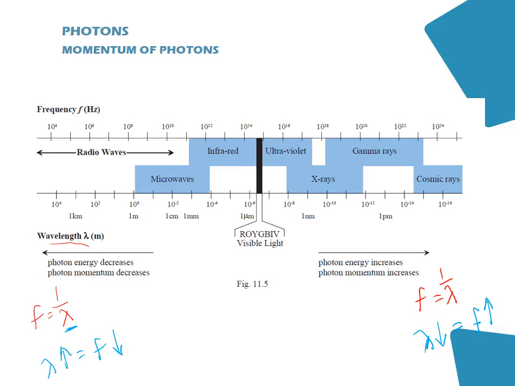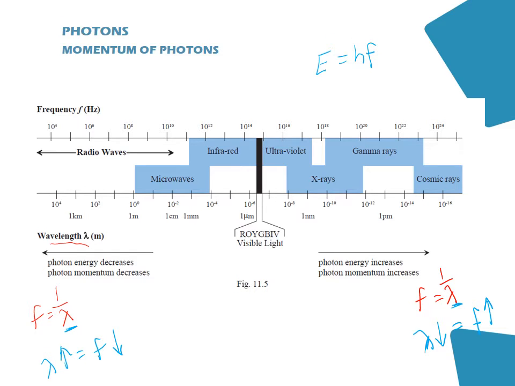So if we look at gamma rays, they're in the order of times 10 to the negative 12 or negative 14 meter wavelength. So if you've got a really tiny wavelength value, then your frequency is going to be massive. And we know that our energy formula, E is equal to h times f.